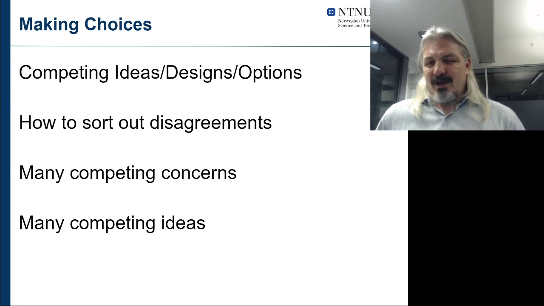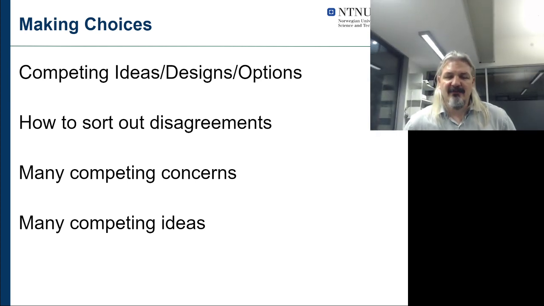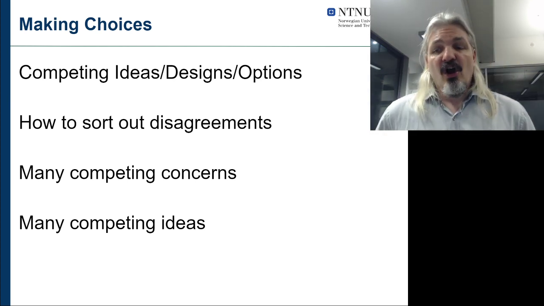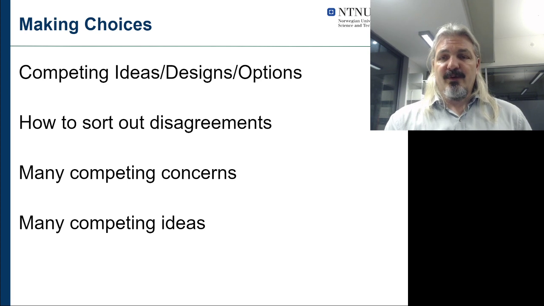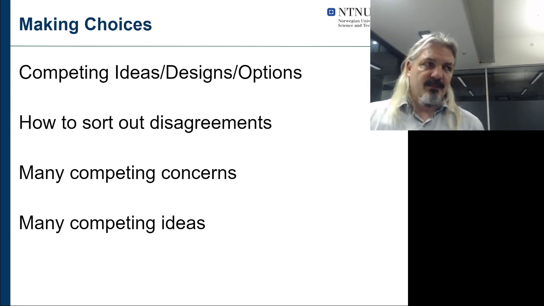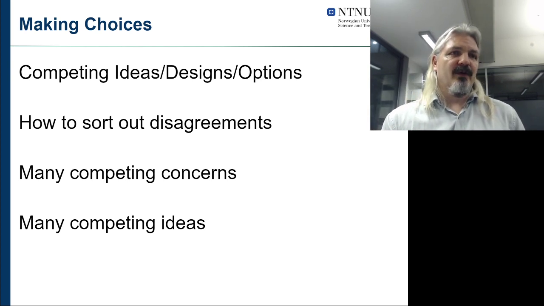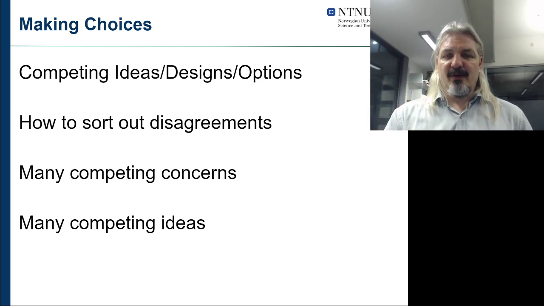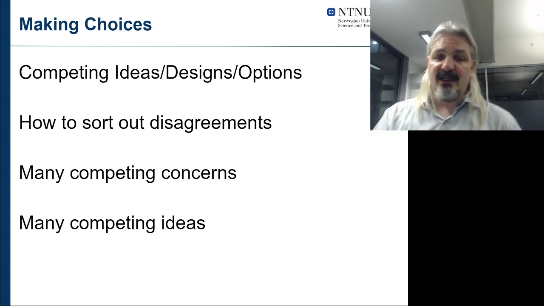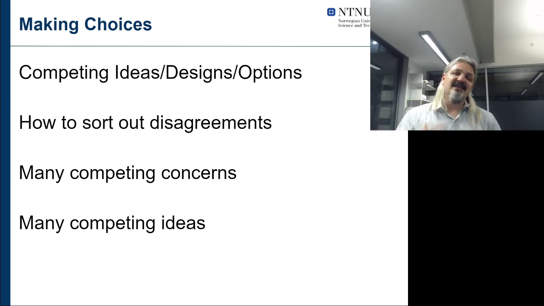The hard ones are actually when you have competing concerns. This is why in Agile, you often have a product owner as well as the Scrum Master and the team, because the product owner cares about the product rather than the process. So the idea is that you have someone who's advocating, and that means that you've got competing concerns.